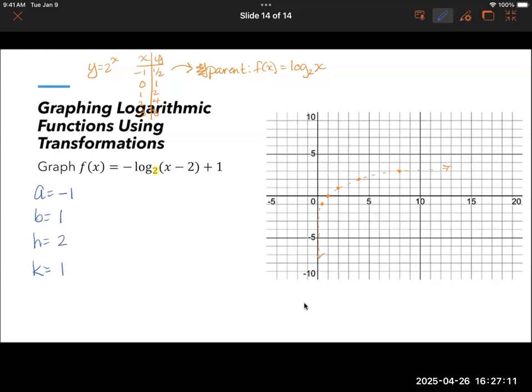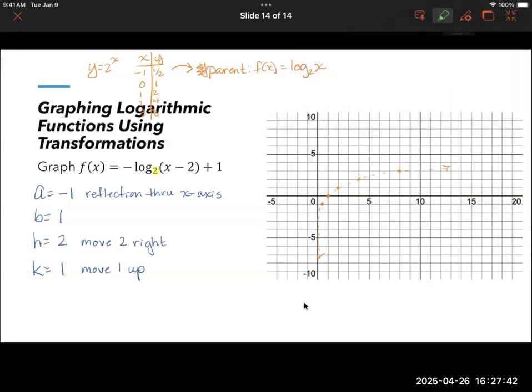So the effect is that -1 for a is going to be a reflection through the x-axis. B being 1 doesn't cause any change. H being 2 means we're going to move 2 units to the right. And k equal to 1 means we're going to move 1 unit up.